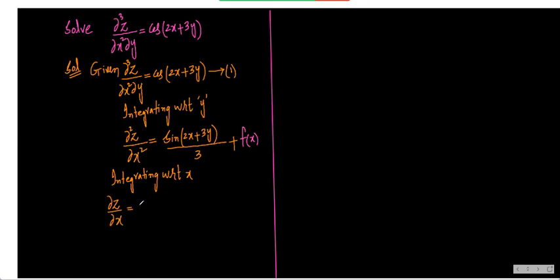Now sine integration is minus cos of (2x + 3y) divided by, since we are integrating with respect to x, the x coefficient is 2, into 3, so 6. Plus the integration of f(x) dx.